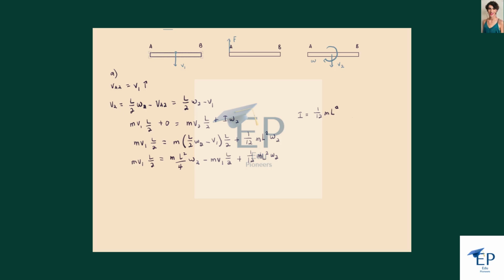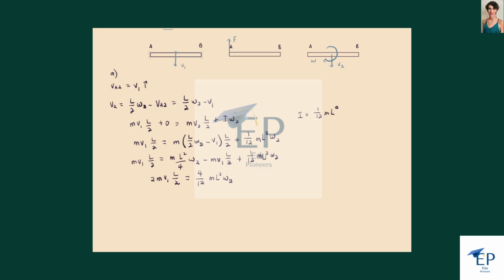Further simplifying, this becomes 2 M v1 L over 2 equals 4 over 12 M L squared omega 2.